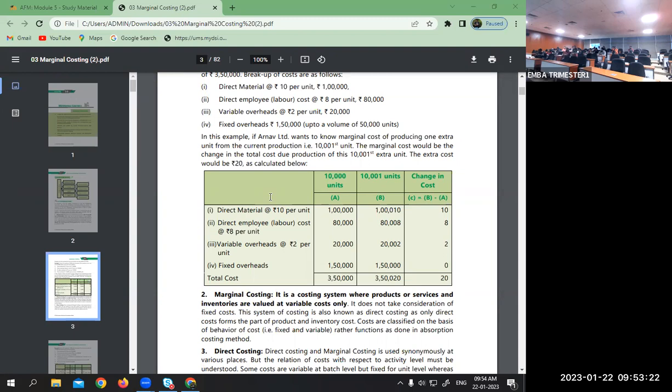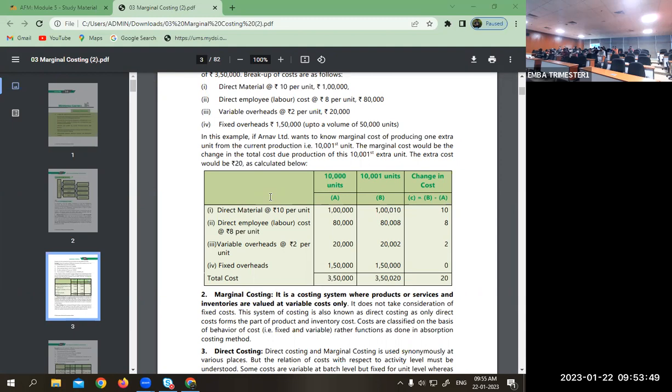Remember, we discussed in the beginning of the cost accounting class, cost can be classified into three categories: fixed cost, variable cost, and semi-variable cost. According to cost accounting, for any company, any cost incurred can be classified into three categories based on the traceability of the cost to the unit of production.